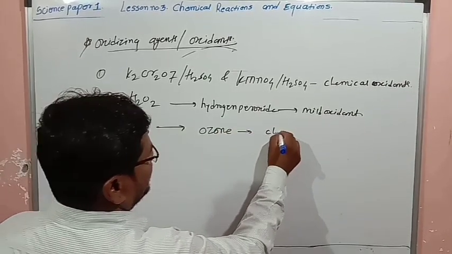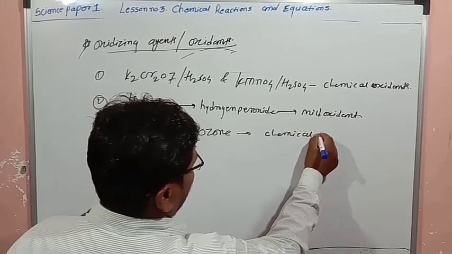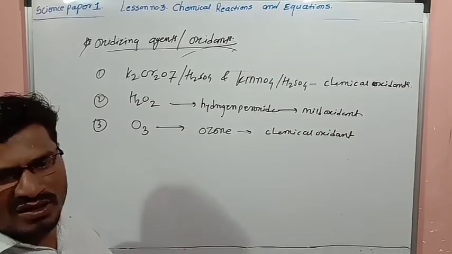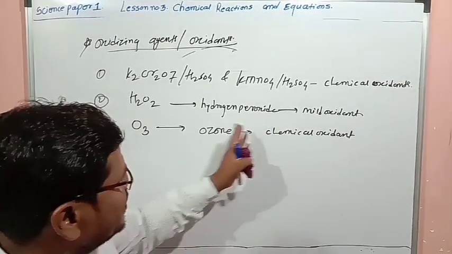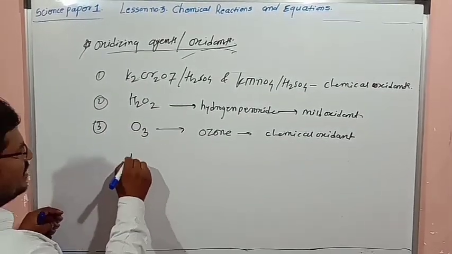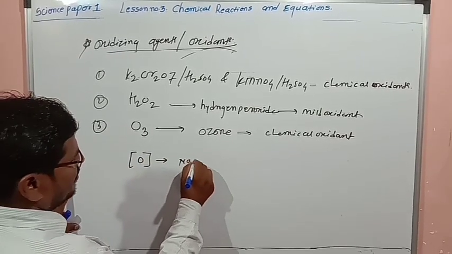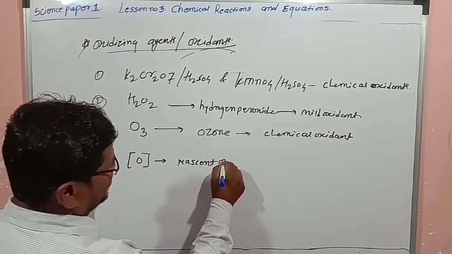It is also a chemical oxidant. And in this way, these substances are providing nascent oxygen. What type of oxygen are they providing? Nascent oxygen.